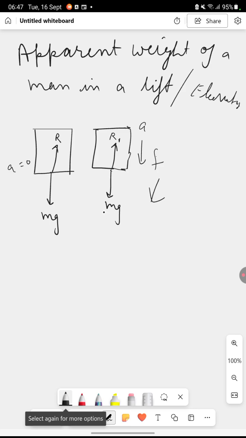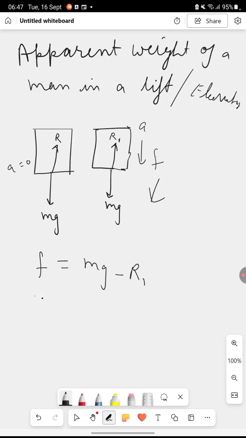I hope you are getting me. Look, here F will be equal to mg minus R1. So from here we can write R1 equal to mg minus F, and F can be written as ma.